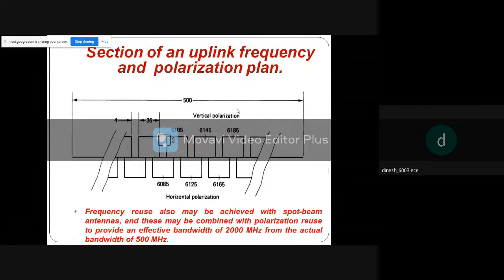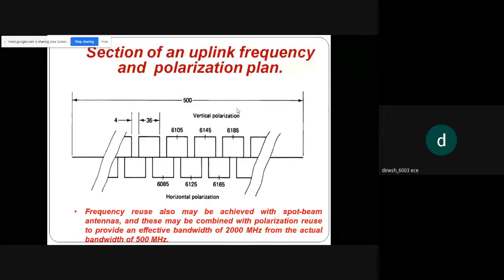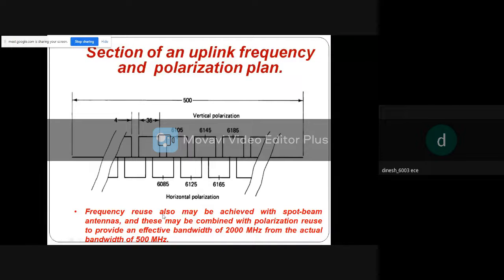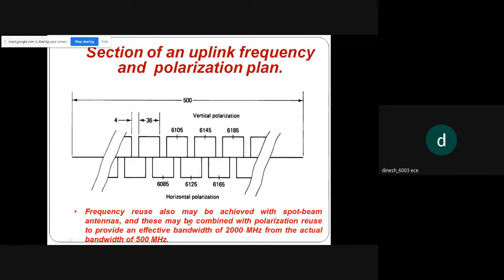Okay. So the frequency can be reused by using spot beam antennas. You can see vertical polarization, you can see horizontal polarization. The frequency reuse can be achieved by spot beam antennas as they can combine the polarization reuse to provide an efficient bandwidth of 2000 megahertz from the actual 500.